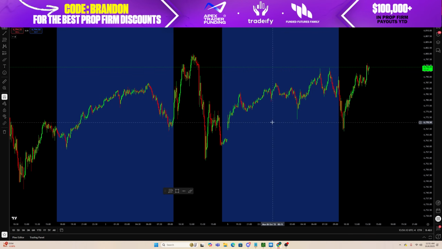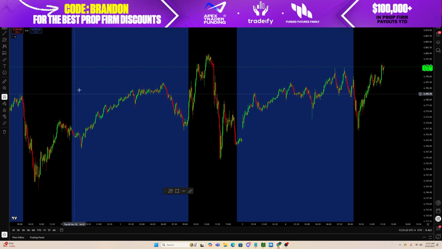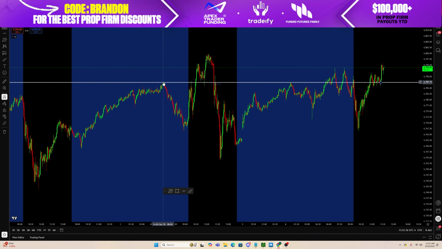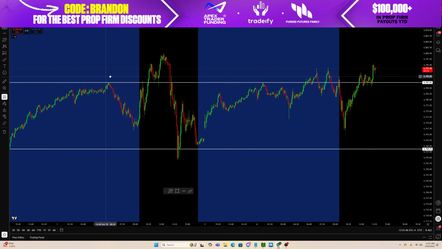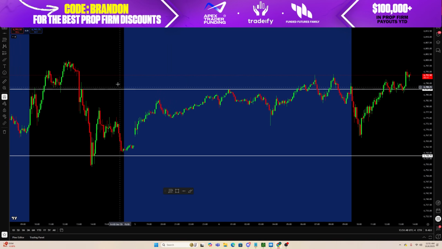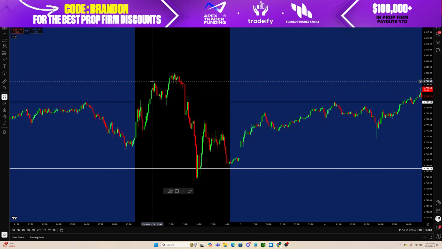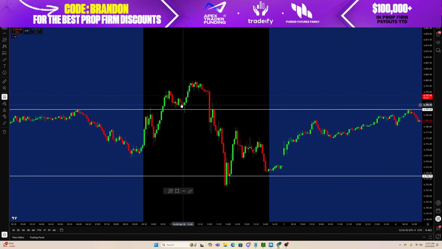There was actually a really good example yesterday. This blue shaded area is going to be the entire overnight session, and this black shaded area is going to be the New York session. So here is our overnight high right here, and here is our overnight low. Now looking at the overnight high, price breaks above it right here. We are then looking for price to come back and make this area support. As we can see, it did it multiple times in this entire area.